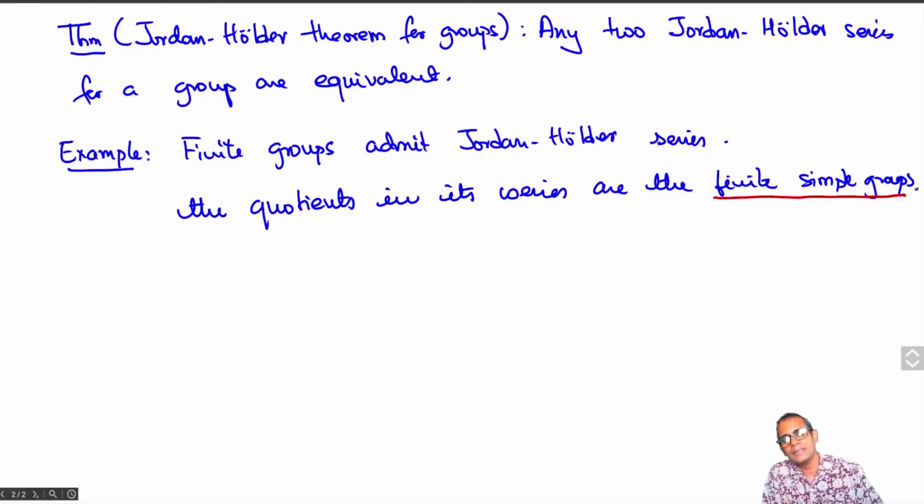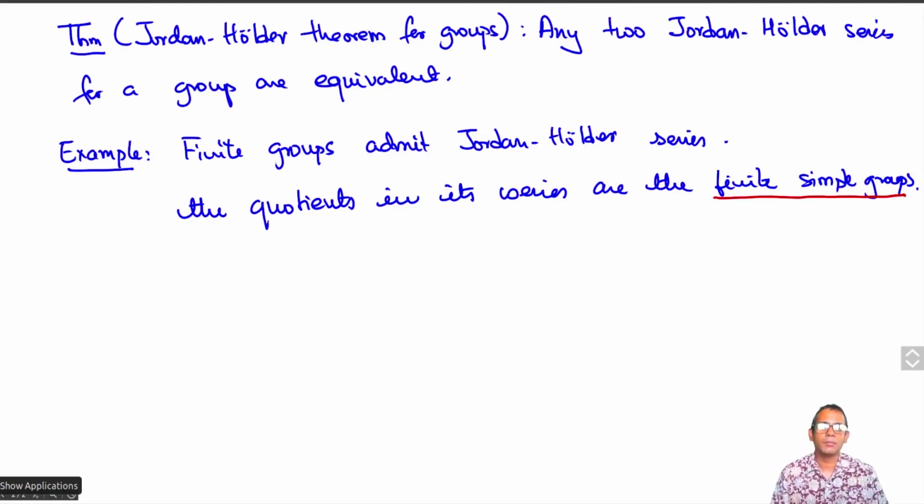However, the story doesn't end there. We do today have a classification of all finite simple groups. However, we are far from having a classification of all finite groups. Because even if we know the finite simple groups in the Jordan-Holder series, we do not understand all the different ways of putting them together to construct groups up to isomorphism.